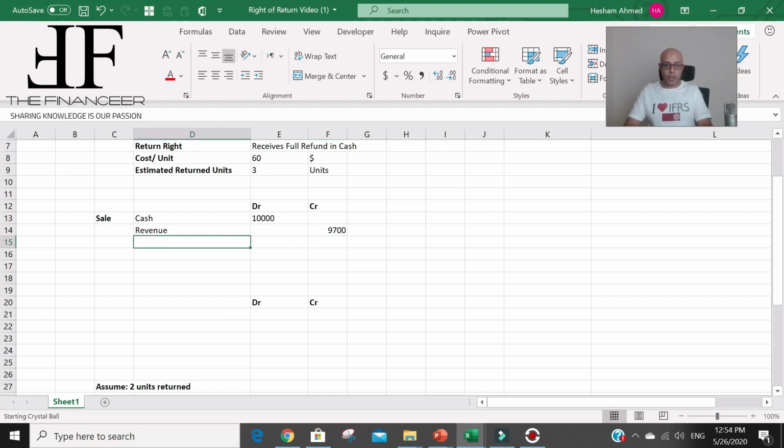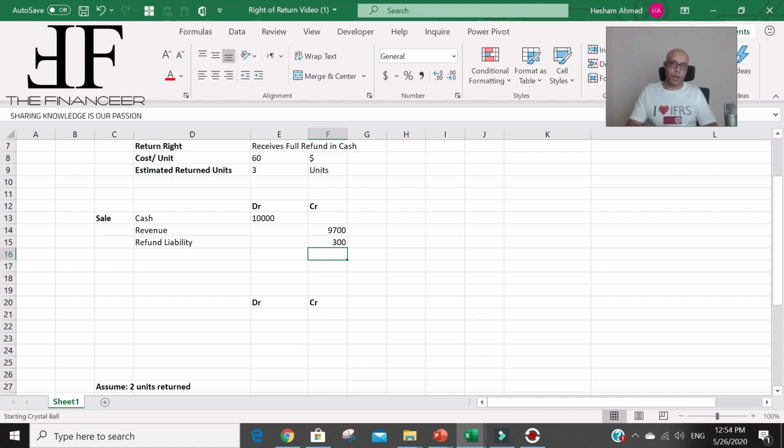So to continue the entry, we are going to say refund liability, with a value of 300 as a liability in the credit. Now I finished the first entry related to the revenue.